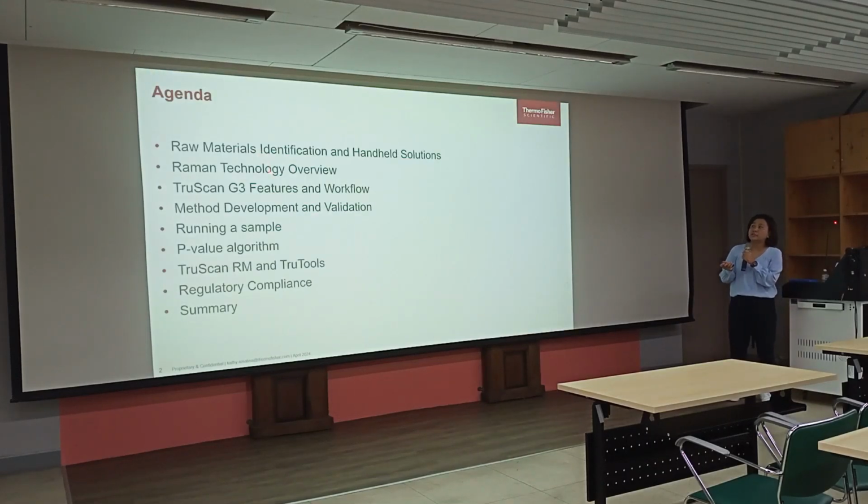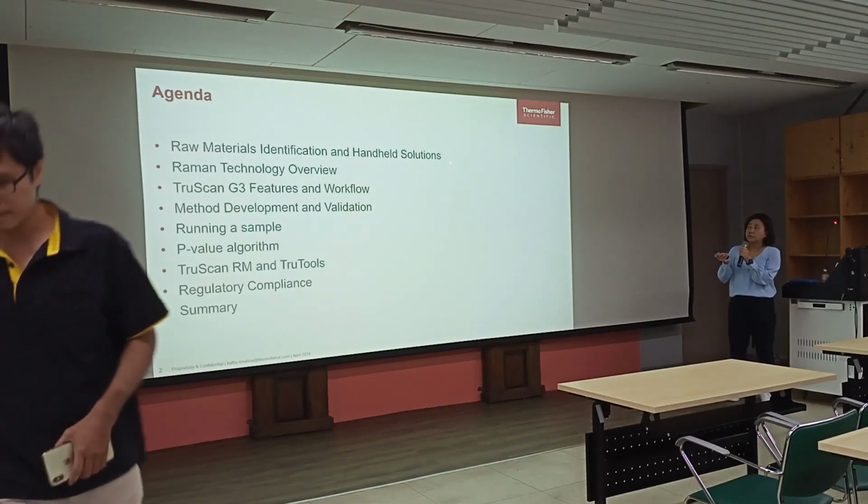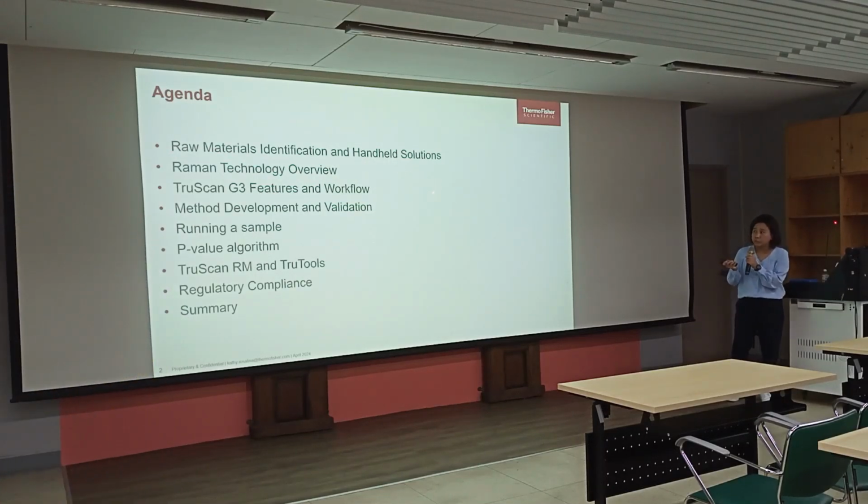Okay, so for today's agenda, I will cover different topics about the raw material identifications and the handheld solution, Raman technology overview, and today I will focus on the handheld Raman. This is our new launch handheld Raman, we call the TruScan G3.